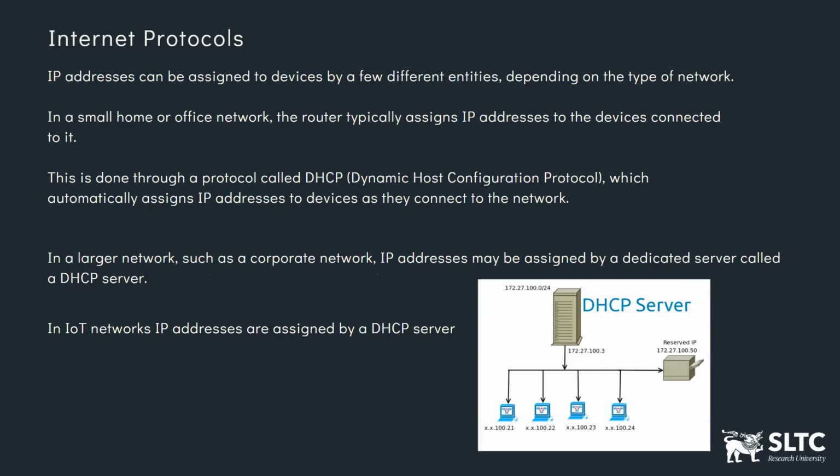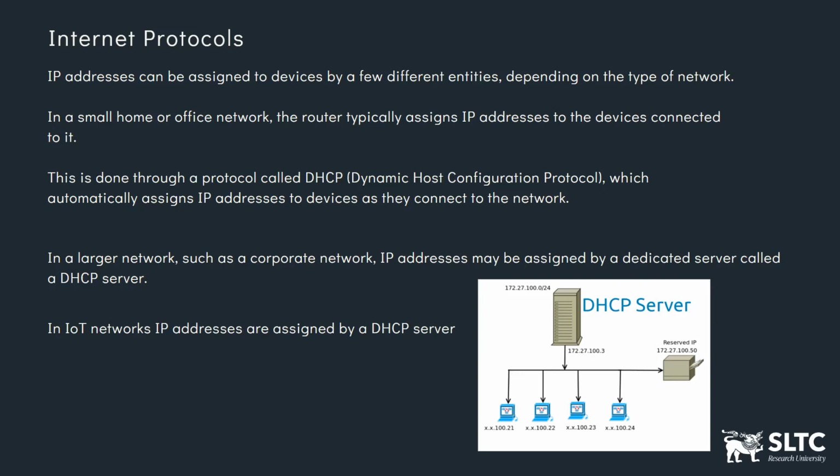The IP addresses can be assigned by different entities depending on the type of the network. If it is a small scale network, like a small home or office network, the router will typically assign the IP address. This assigning is done by DHCP, or Dynamic Host Configuration Protocol, which will automatically assign IP addresses to the devices as they connect to the network.